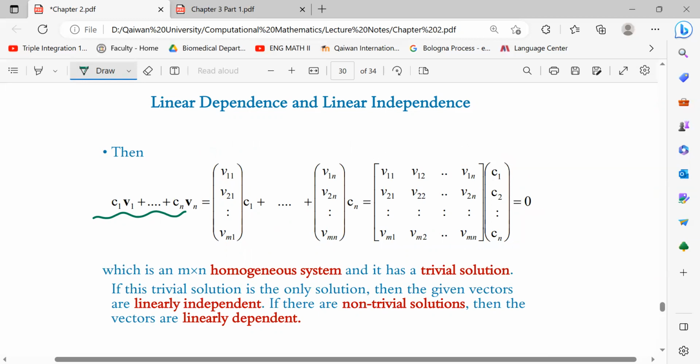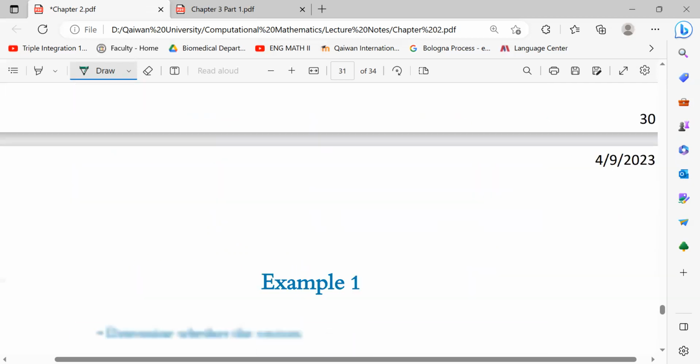Here this 0 means 0, 0, 0, m times. This 0 means a 0 vector. If it equals 0, all the constant terms here are 0. We solve this system and we get the values of C1, C2, up to Cn.